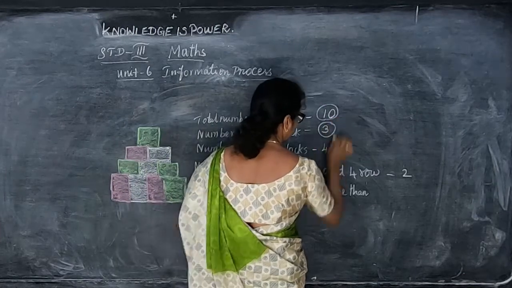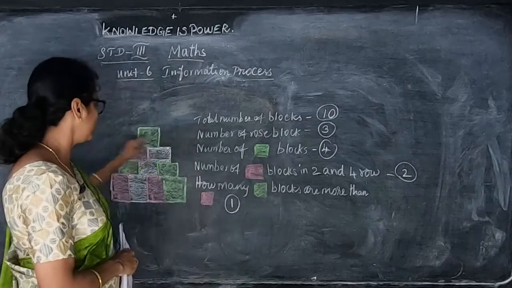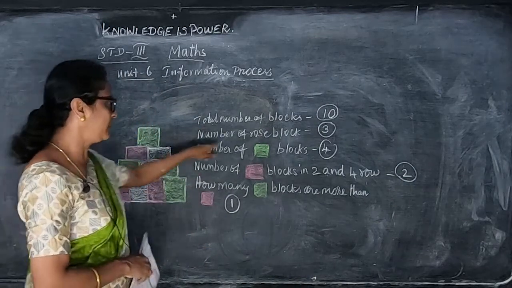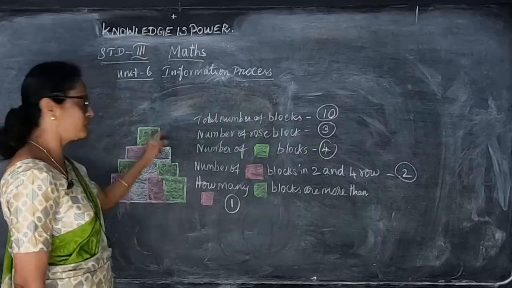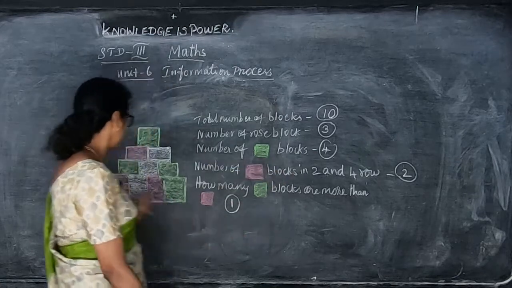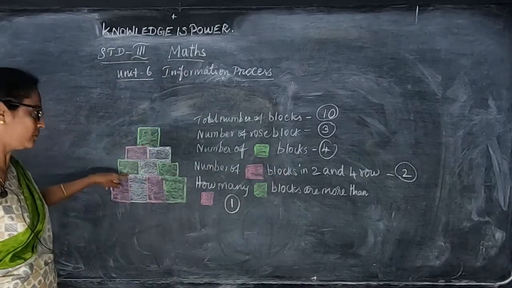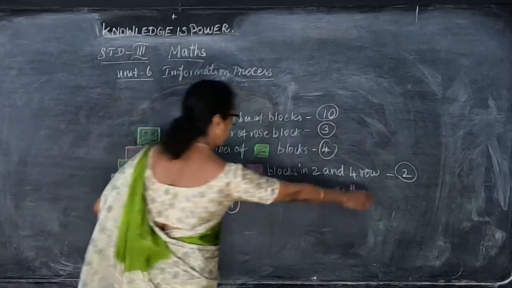What are all the answers they have written? I'll say once again, listen. Total number of blocks is 10, number of rows of blocks is 3, and number of green blocks is 4, and the number of pink blocks in the second and fourth row. In second row, no pink block is there, but in fourth row, 2 blocks are there. So you can put 2.